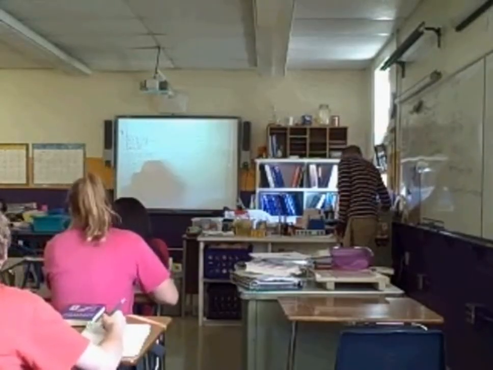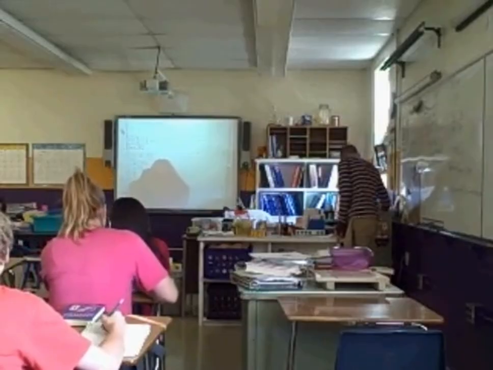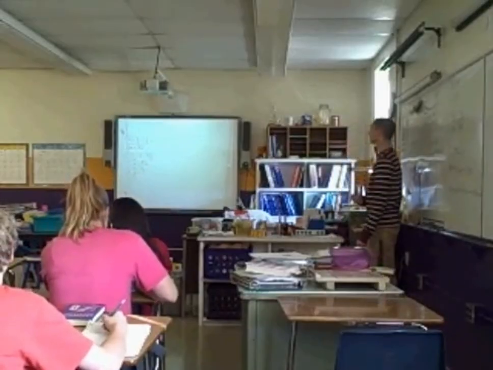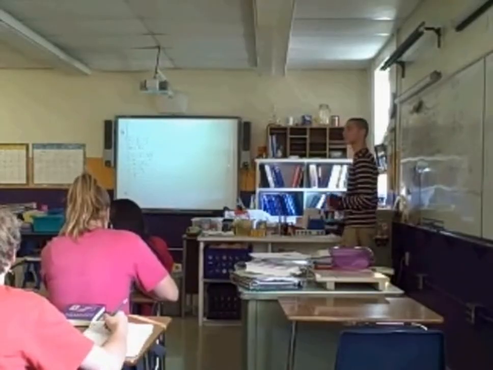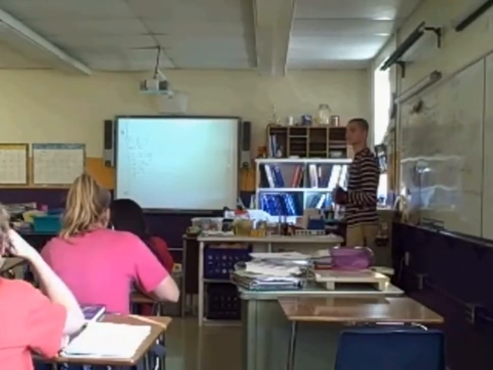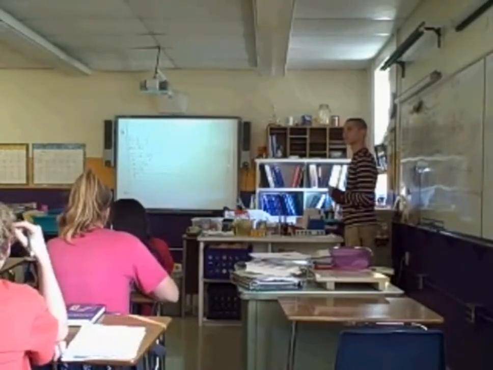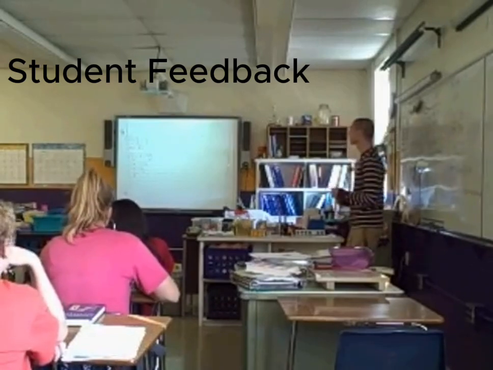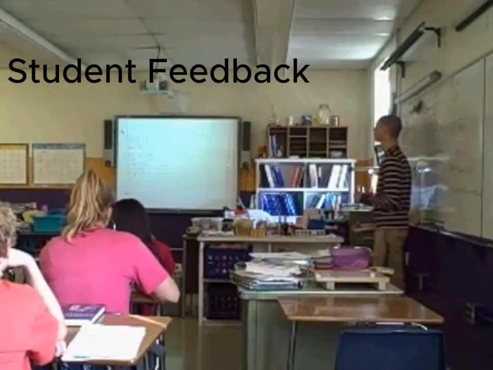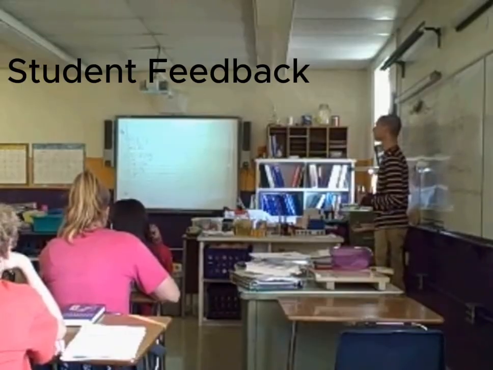Alright, number 3. Y over 8 equals 9. How do we get y by itself? Y is being divided right now by 8. So we want to do the opposite.